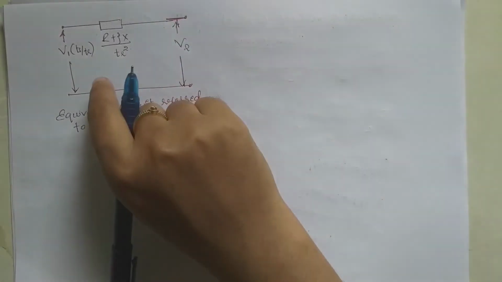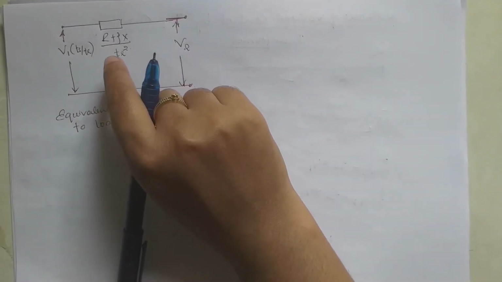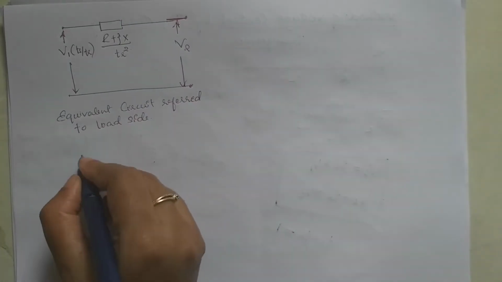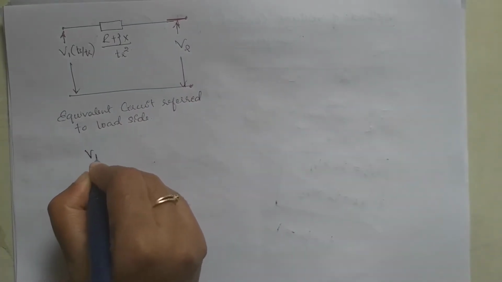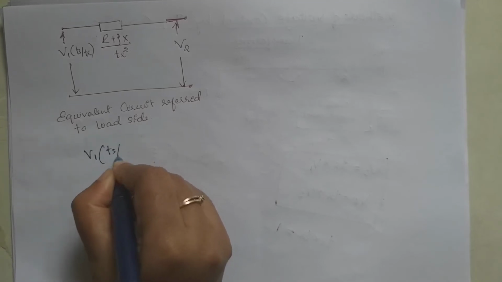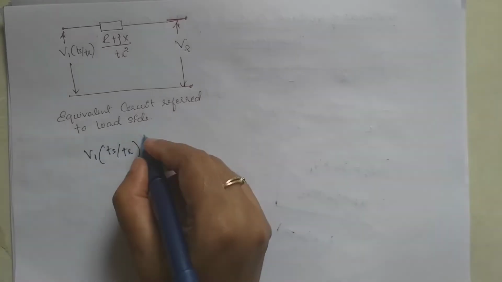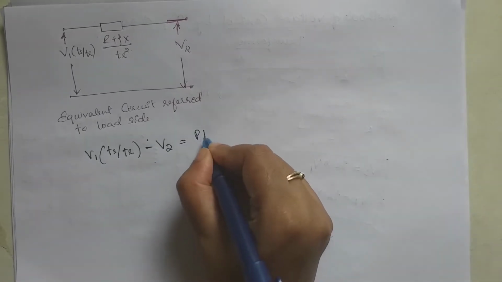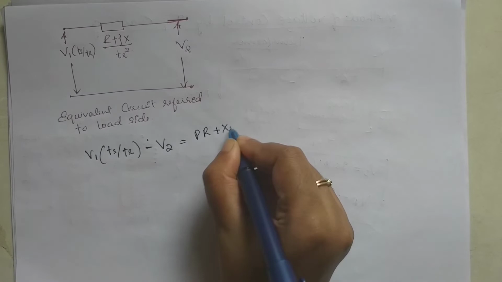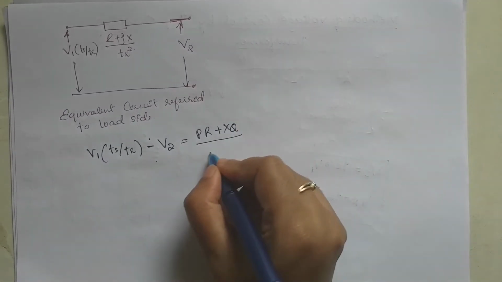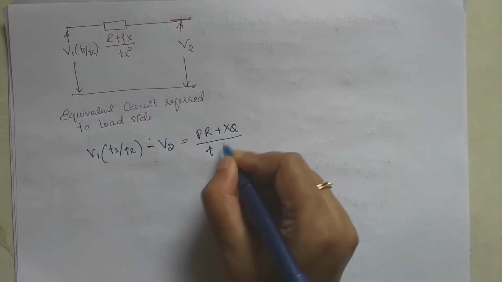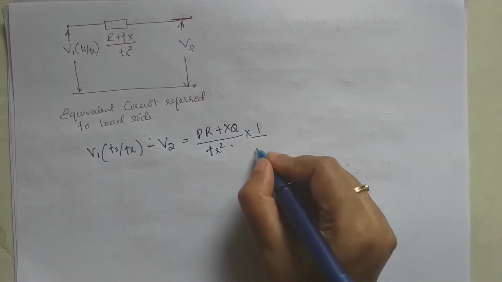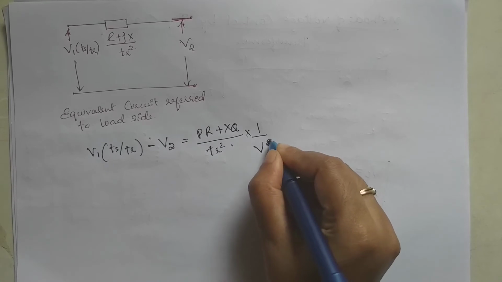By looking at the circuit, we can express the arithmetic voltage drop like this: V1 Ts by Tr minus V2 is equal to (Pr plus Xq) divided by Tr square, into 1 divided by V2. How do we get this equation? We will see.